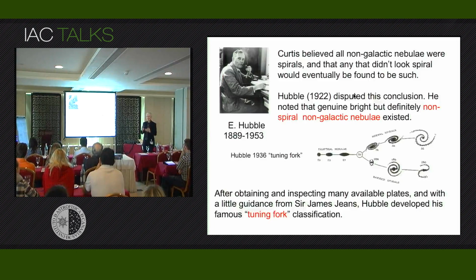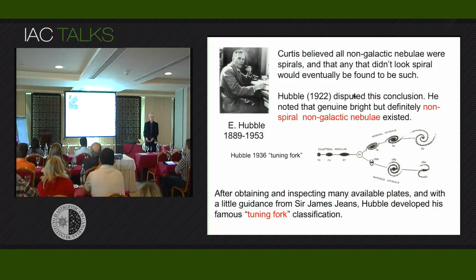Now, one thing that Curtis did is he knew there were lots of these non-galactic nebulae, and he estimated that within the reach of the 36-inch Crossley telescope, there could be 1 million such nebulae. And he believed that all of them would end up turning out to be spirals. That is, there were loads of these little things. If you just observed them with a big enough telescope, they'd all end up to be spirals.